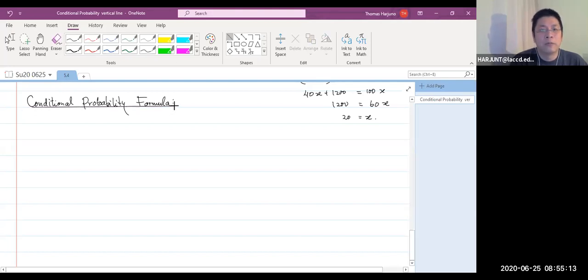The probability of A given B is equal to the probability of B on the denominator. That's for the condition. And then on the numerator, that's probability of A intersection B.